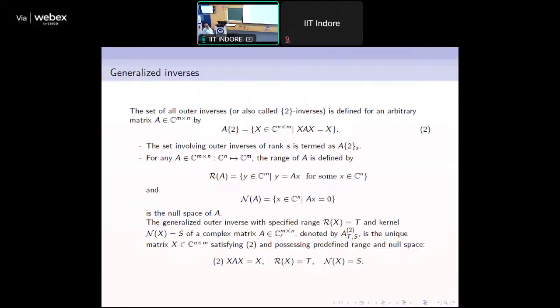We know that such outer inverses with both prescribed range and null space are unique. And typically, many of the composite G inverses defined in the literature are outer inverses with prescribed range and null space.